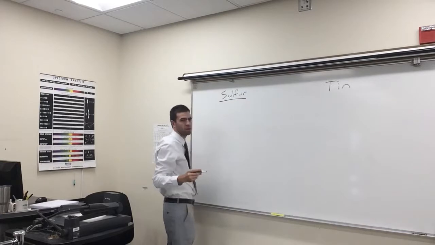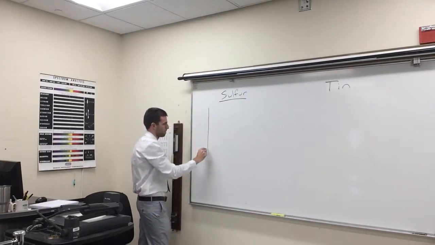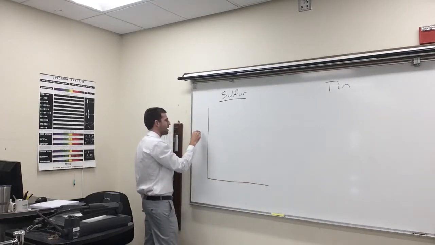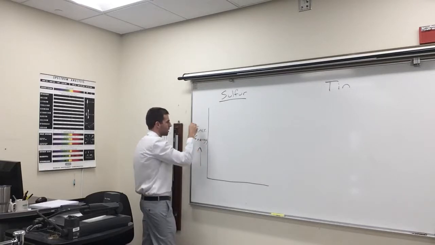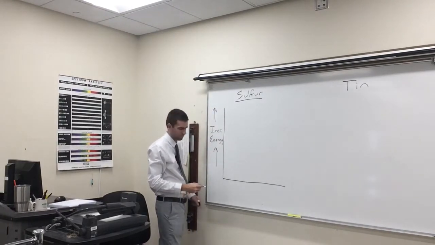I'm going to do the electron configuration this way. I'm going to have increasing energy. So as we go up this way, we have increasing energy. Does that make sense? Okay?